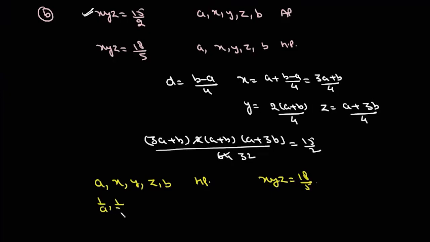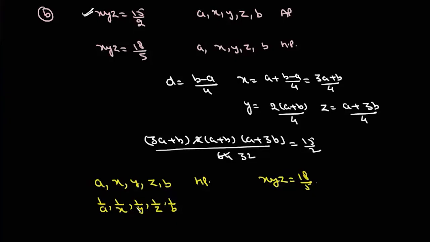Now if a, x, y, z and b are in HP, then 1/a, 1/x, 1/y and 1/z are in AP. So it will be the same as this first equation where a, x, y, z, b are in AP. The only difference is here a is 1/a, b is 1/b, x is 1/x, y is 1/y and z is 1/z.